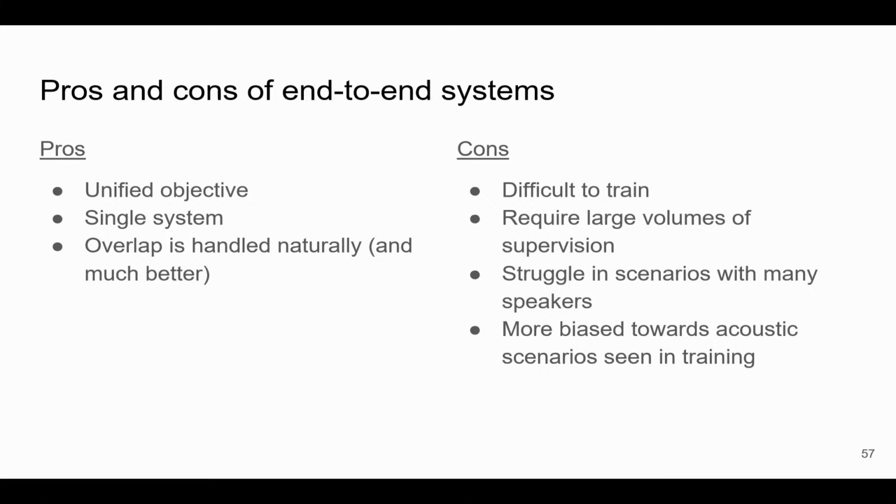Difficulties, well, training is not that easy. We commented, you need lots of data. You don't have so much, so you need to maybe generate it or start doing other things. These models struggle with many speakers, as we saw in the results, and they eventually can be biased to the type of training data that you use.